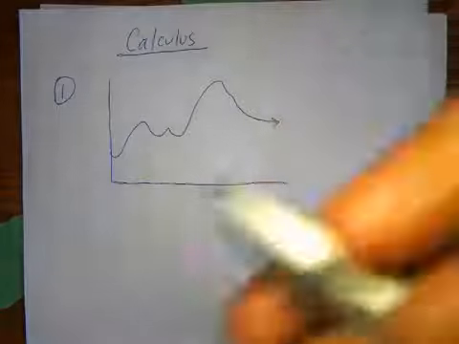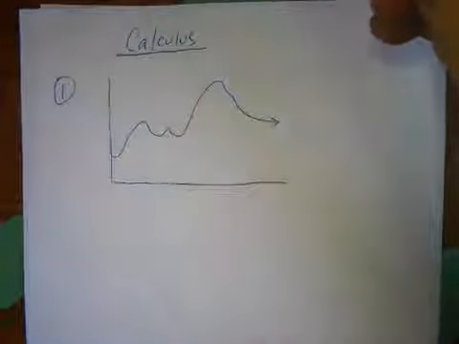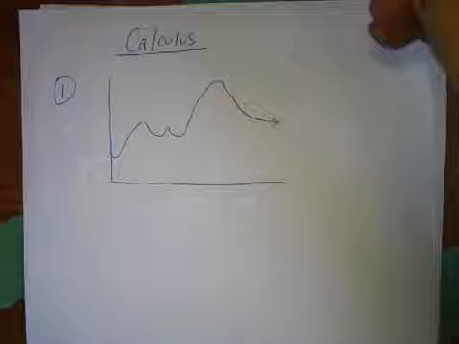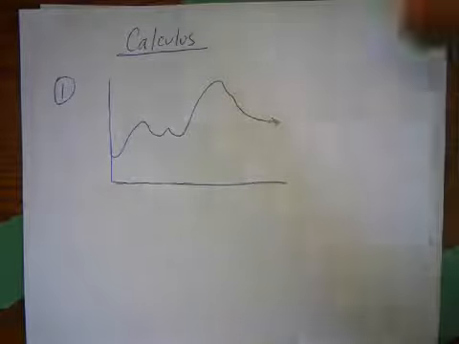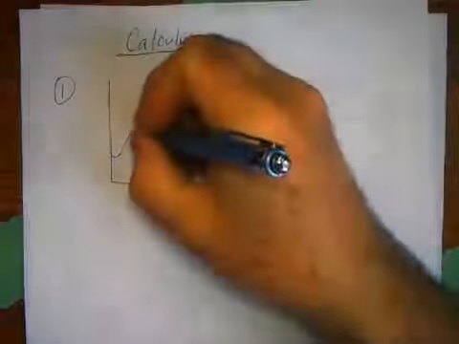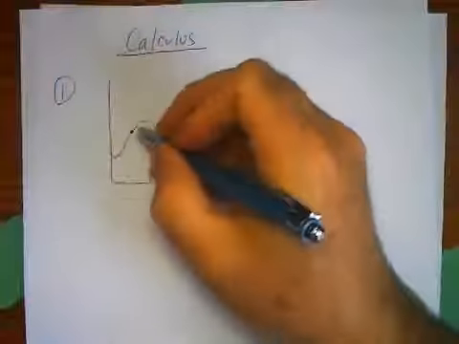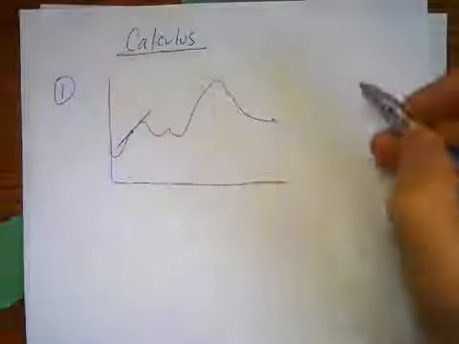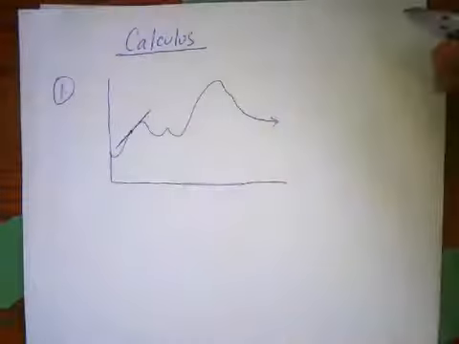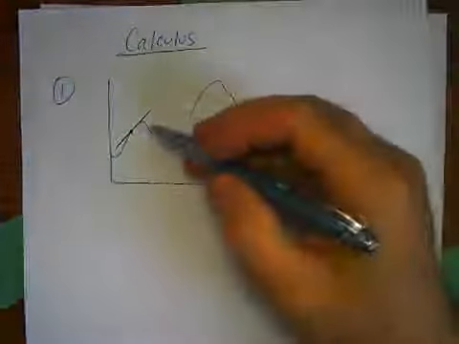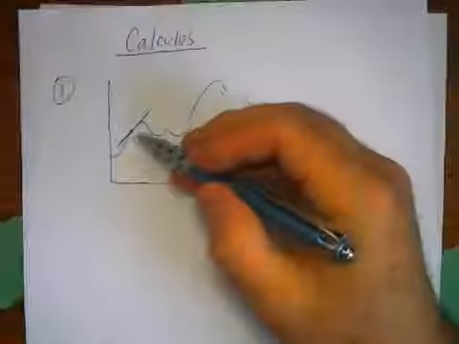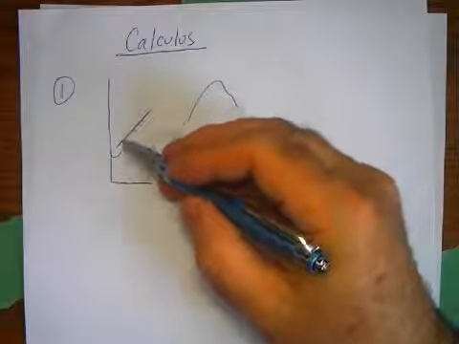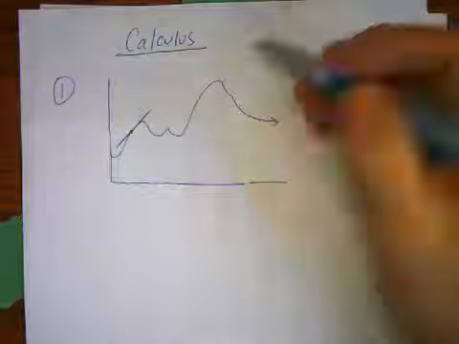So basically, we did a little bit of this in advanced functions. For example, if I wanted to know the slope at that point right there, you would take a tangent line, you would draw the tangent so that it only touches the graph at one point. Now you can tell mine's not very good. You can see it's not perfect.